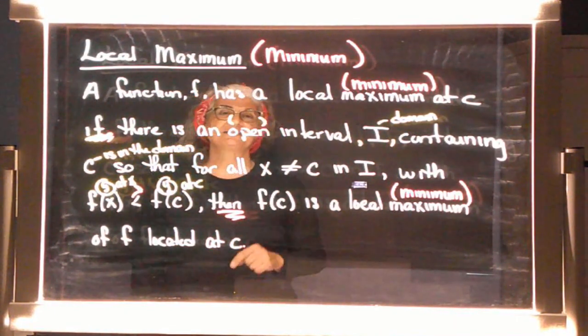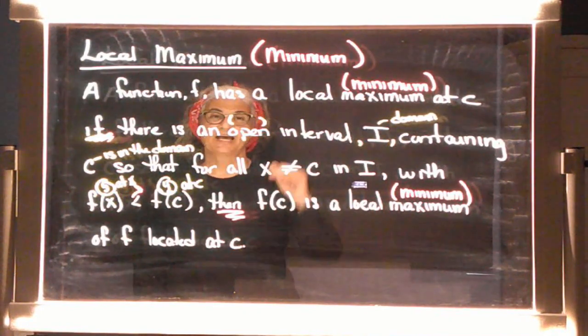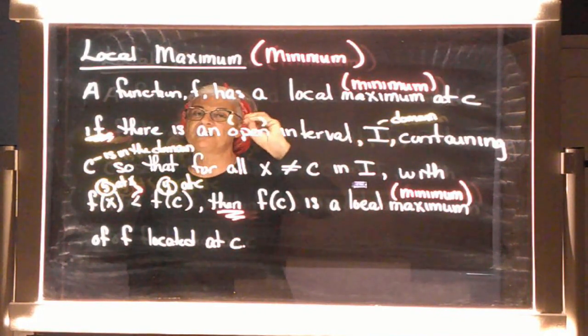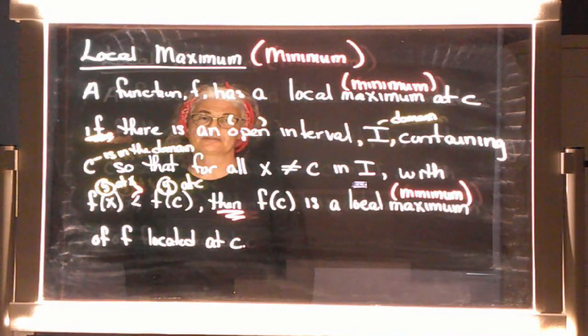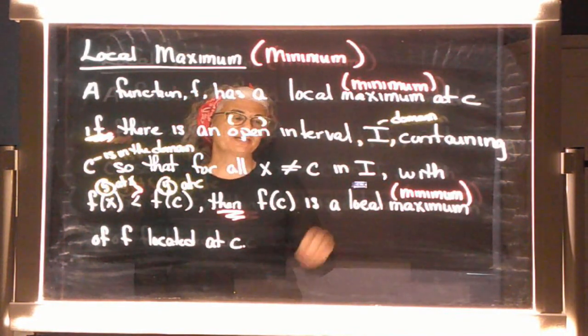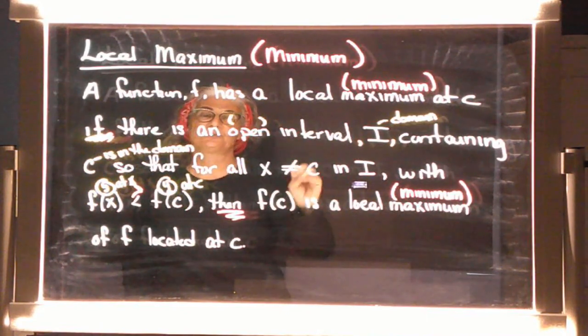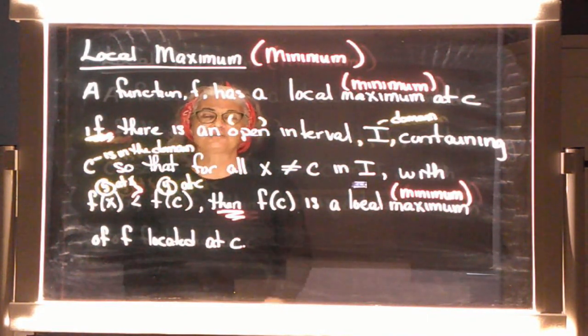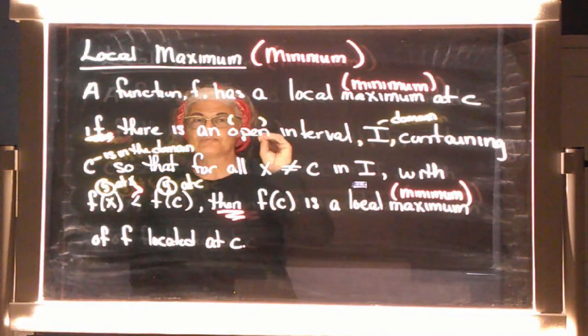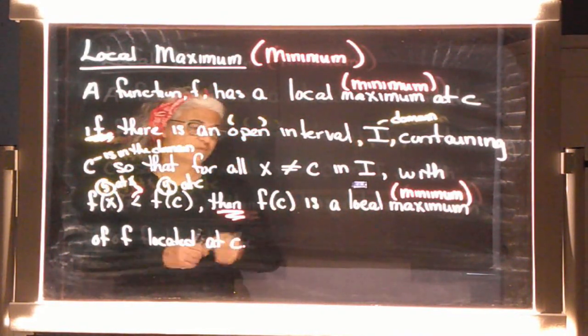So if I have a local maximum, I have a unique y value that's the largest y value for the entire graph. If I have a local minimum, then I have a unique y value that's the smallest of all the other y values. Understand, when it says unique, it means one of a kind. With me?